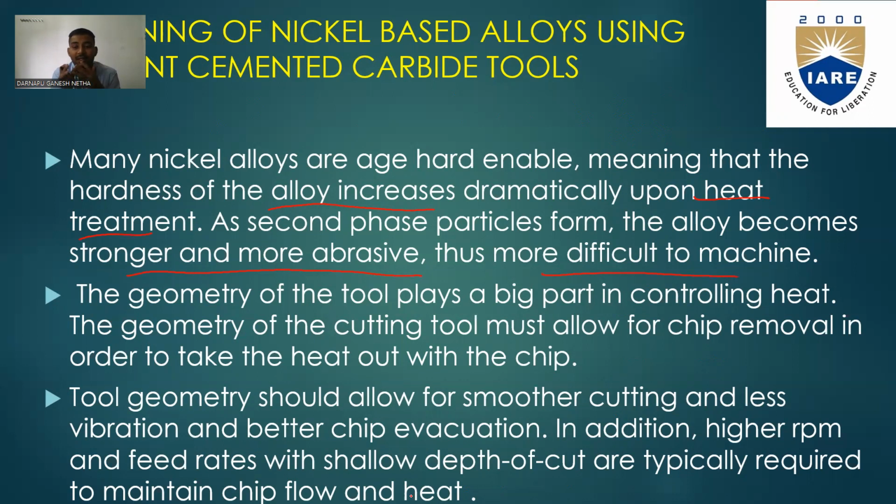I repeat, giving heat treatment to nickel and its alloys increases hardness, and because of this increased hardness, the alloy becomes stronger and more abrasive. Then it leads to difficulty in machining nickel and its alloys.